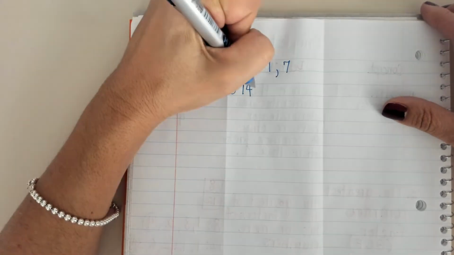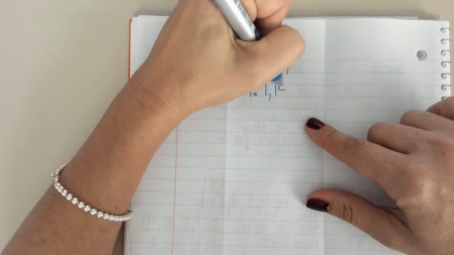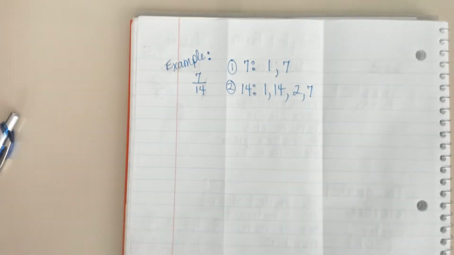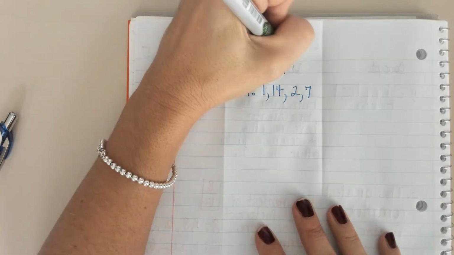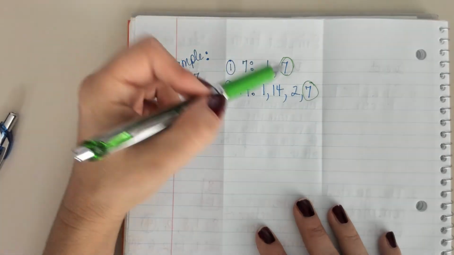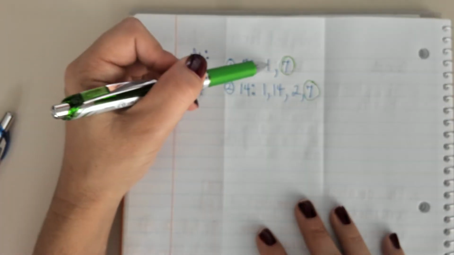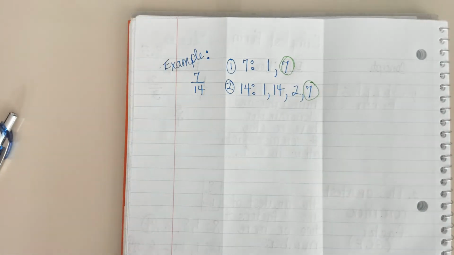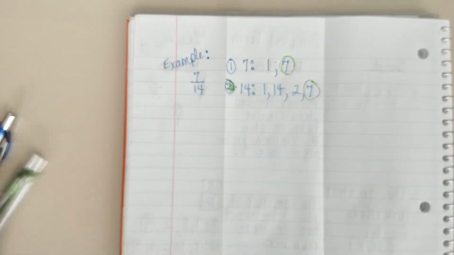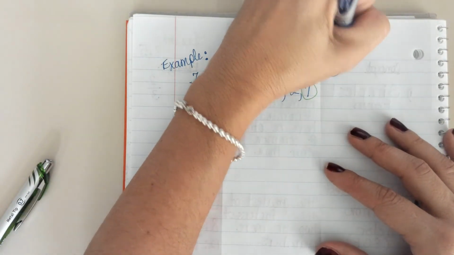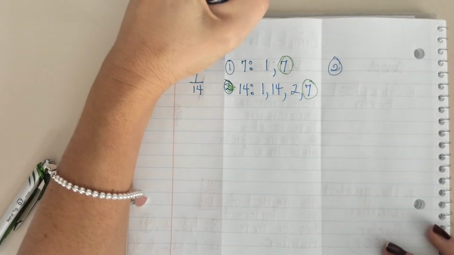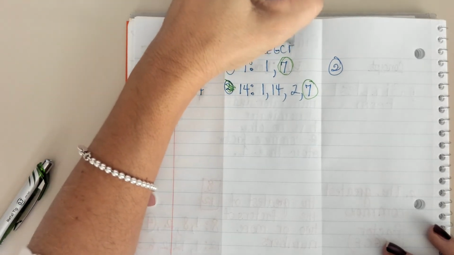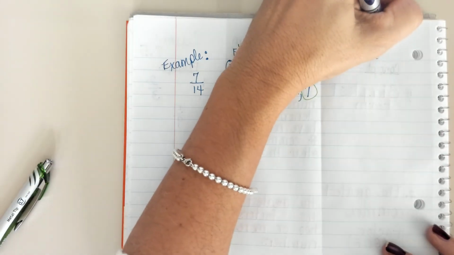Then I write the factors of 14. 1 and 14, 2 and 7. Hey, yay, we have a common factor. 7 is the largest common factor besides 1. Step 2 is divide.